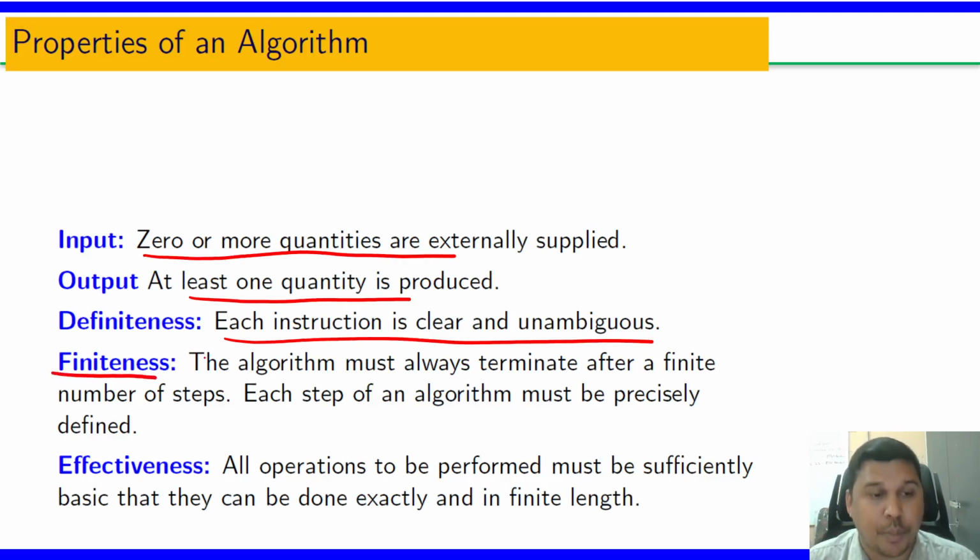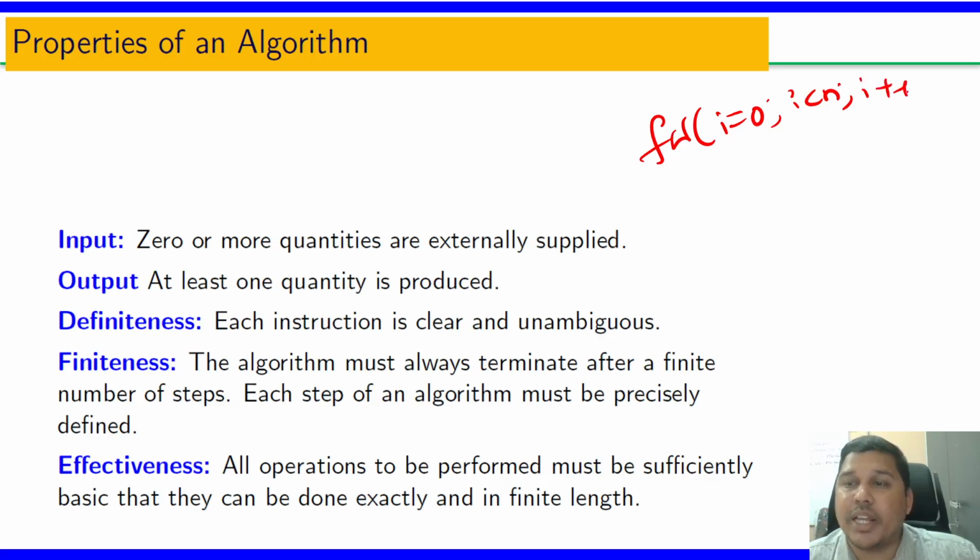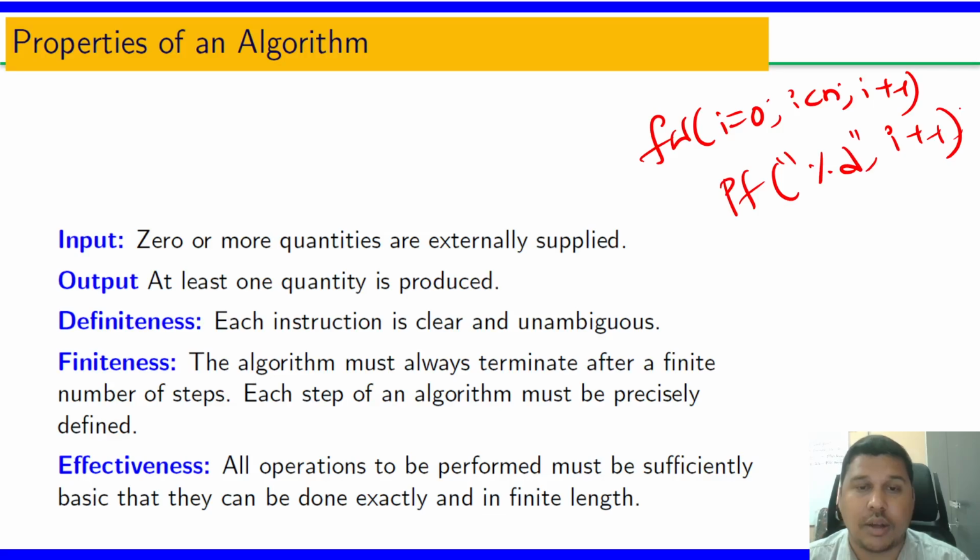Finiteness, very important property. The algorithm must always terminate after a finite number of steps. What is this finite number of steps? When you write a program, maybe for i = 0, i < n, i++, I am printing some value, printf("%d", i++). Does this terminate after a certain number of steps?